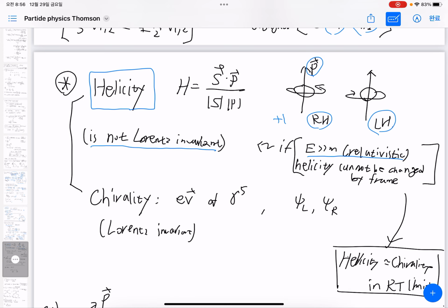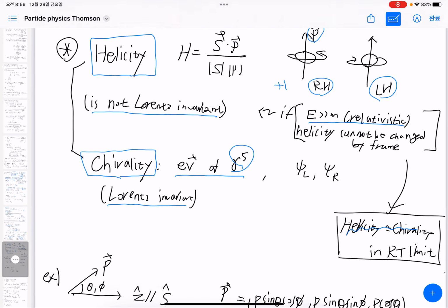So there is an additional state for this, besides left-hand and right-hand, which is the chirality. This is the Lorentz invariant quantity as an eigenstate of the gamma 5 matrix. So in the relativistic limit, such helicity and chirality are the same.